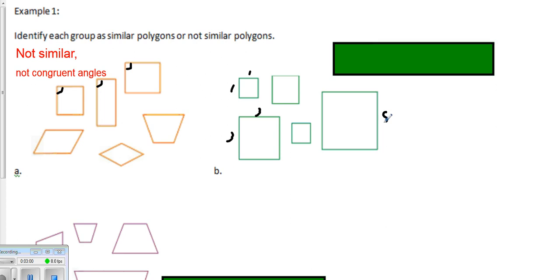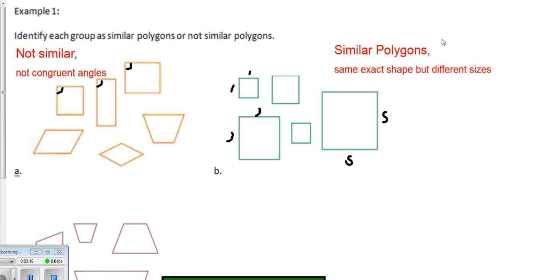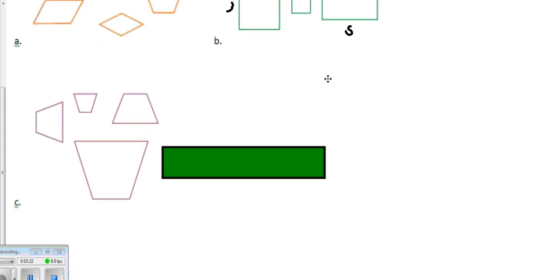We'll change it and do like 5 and 5 on this one. 1 to 5 is the same as 1 to 5. And then 3 to 5 is the same as 3 to 5. So these are all the same exact shape, but just different sizes. So yes, these ones would be similar. Same shape, different size. That's what we mean by similar polygons.